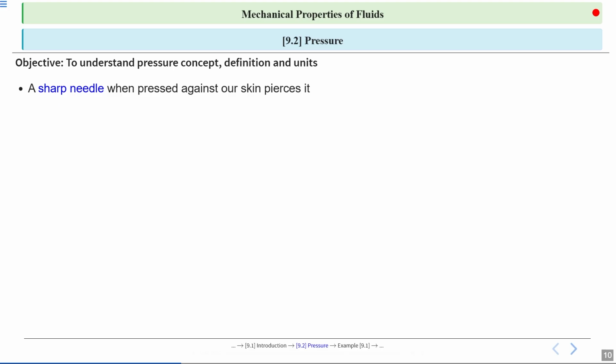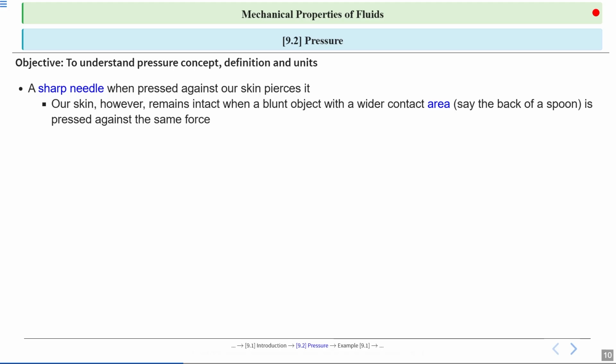This example helps us understand how pressure works in practical terms. When we press a blunt object like the back of a spoon against our skin with the same force, our skin remains intact. This is because the larger contact area reduces the pressure. It means pressure depends on area.